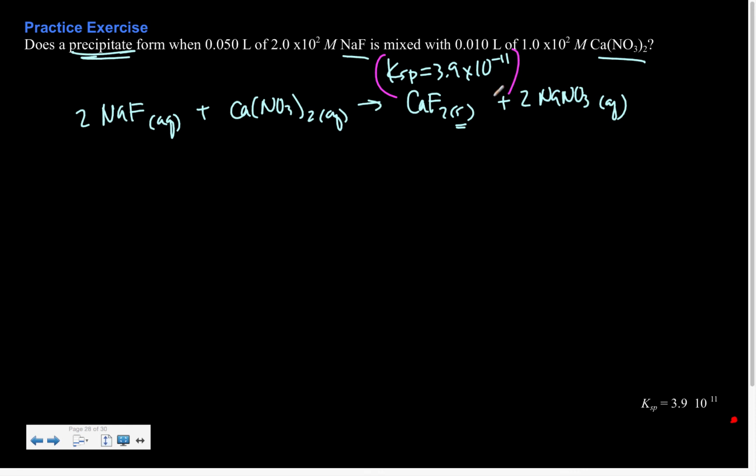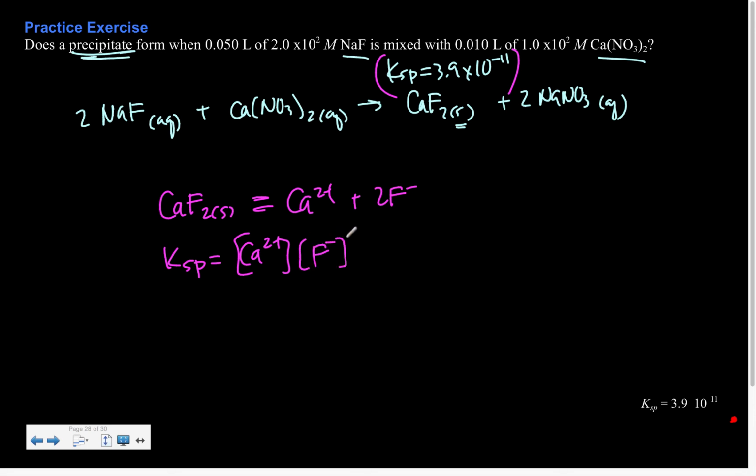Otherwise, it can get kind of confusing. When I talk about a Ksp process, I'm always talking about my solid dissociating into its respective ions. That's always what it means, and so my Ksp is always going to reflect that. If you write this out, that will help to keep your brain organized.